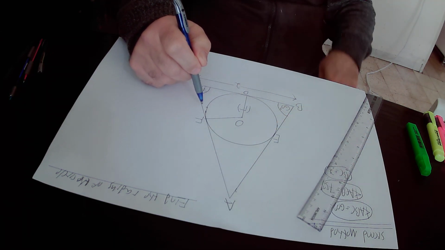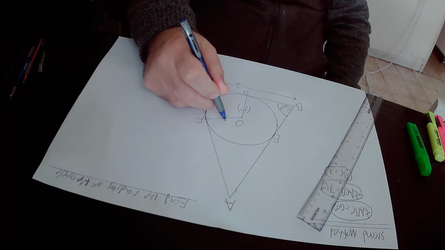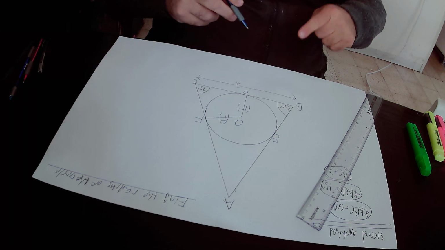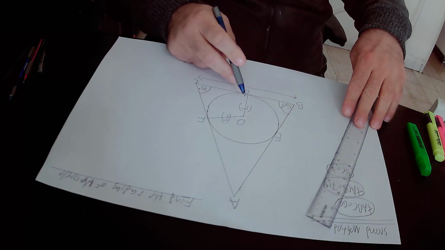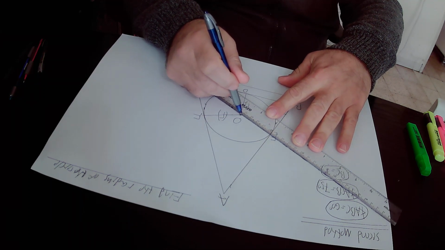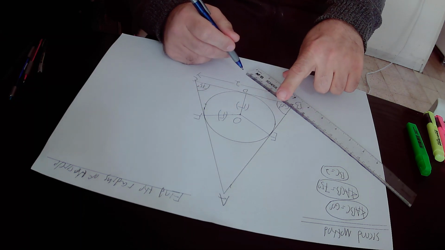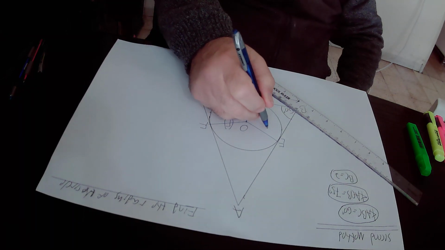Line segment OF is the radius of this circle that is equal to R according to our definition. We join points O and E together by a straight line. Line segment OE is also the radius of this circle that is equal to R.